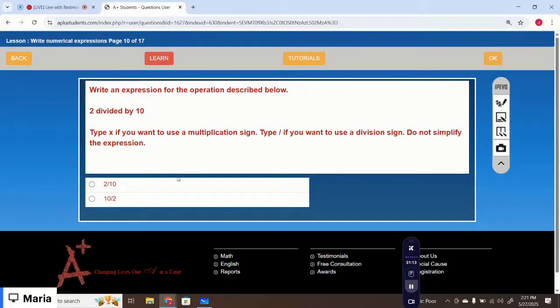Option number 2 is the correct option, that is 2 divided by 10.